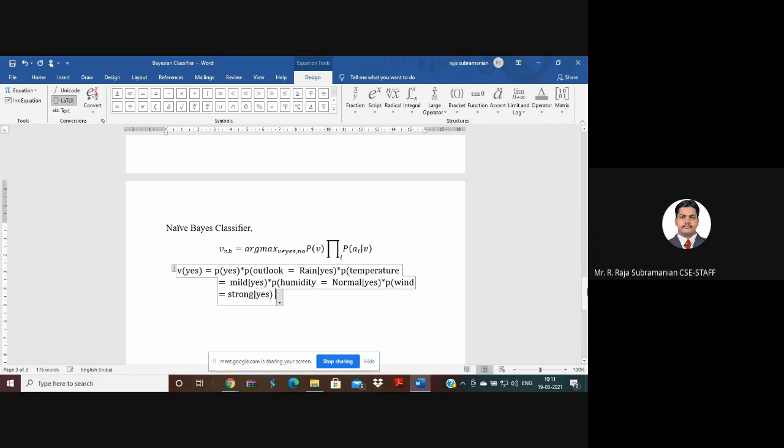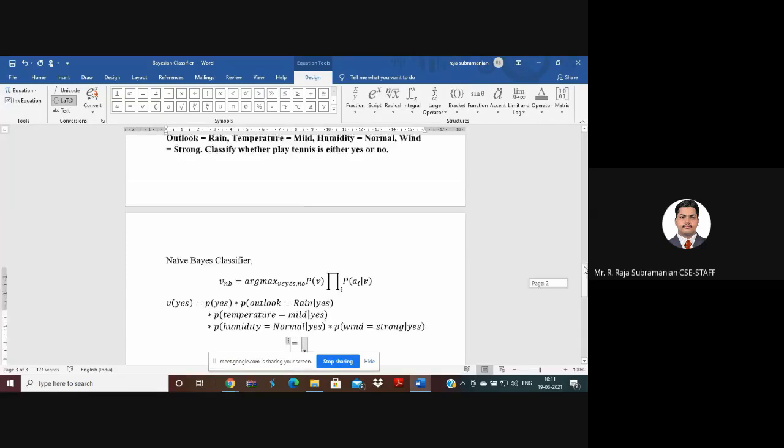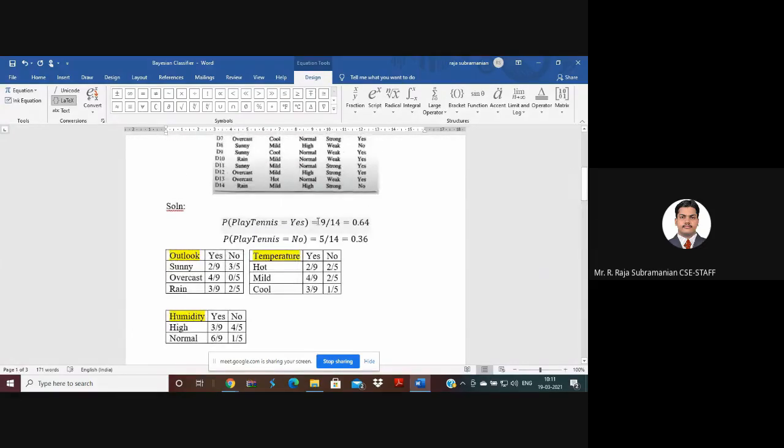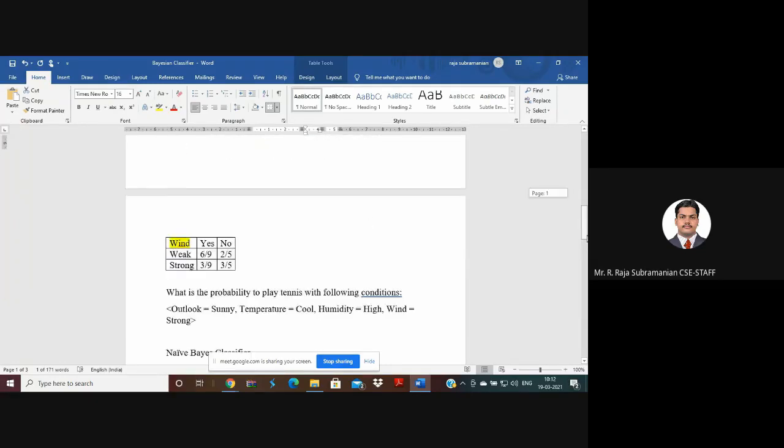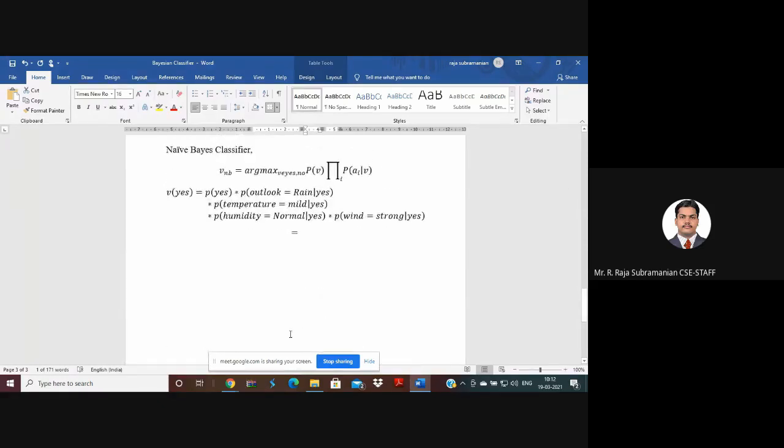So we have the individual probabilities already ready. So I take the individual probability items. What is P of yes? I go above. P of yes is 9 by 14, and probability of rain given yes is 3 by 9, and probability of temperature equal to mild given yes is 4 by 9.